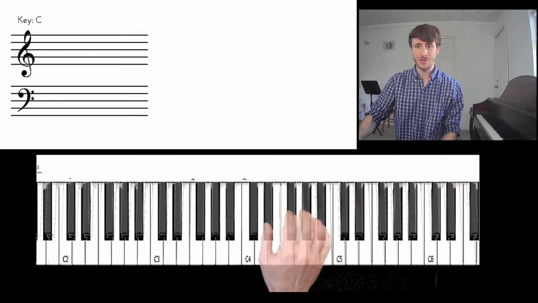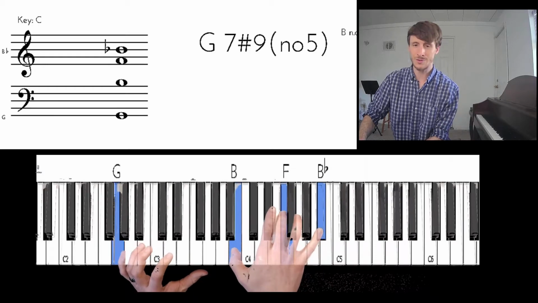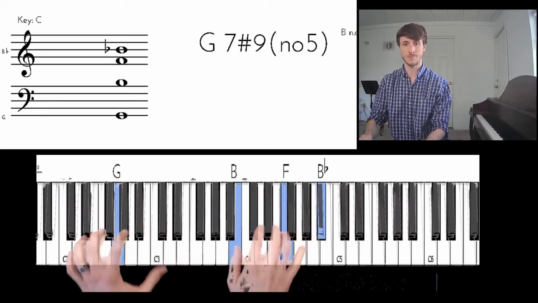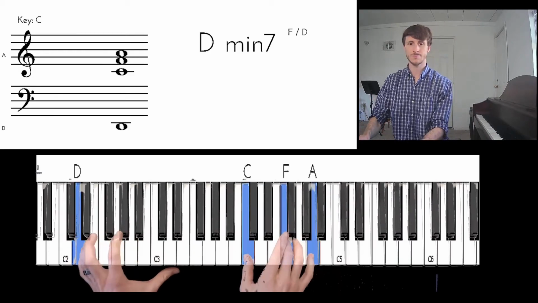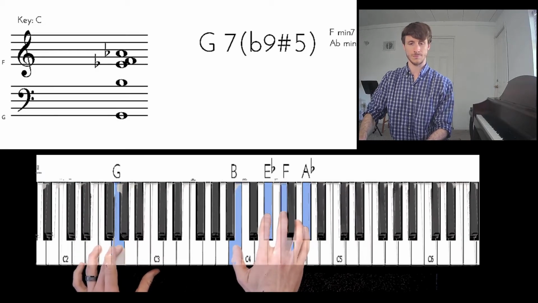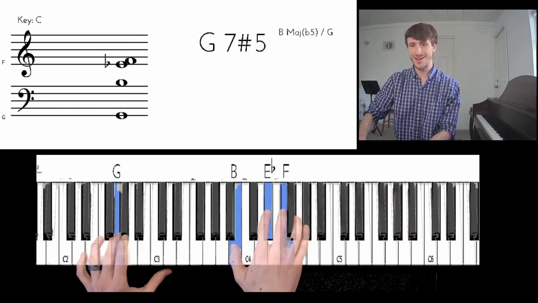We also have B flat, and that would be the sharp 9. And then there's also the E flat. And that time I combined E flat and A flat in there.